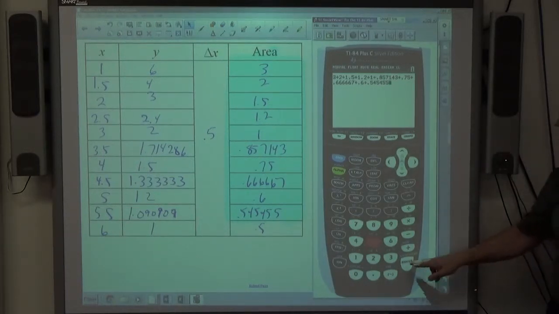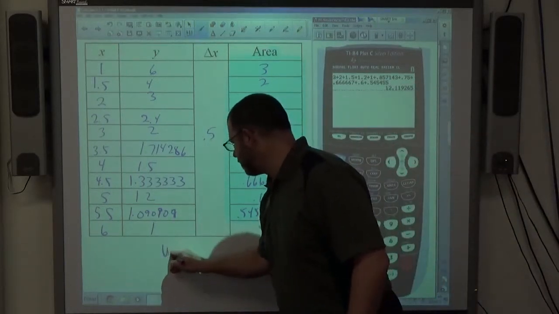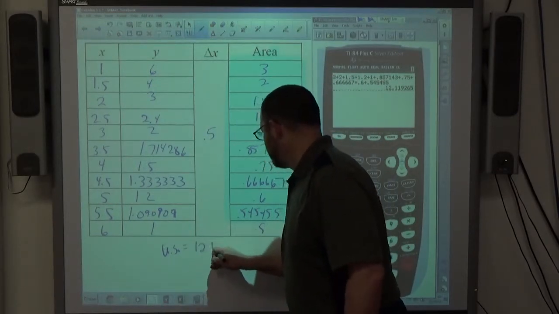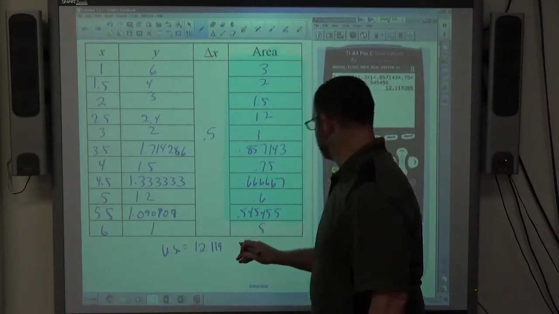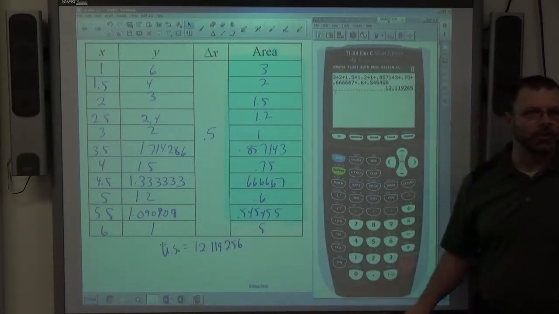If I hit enter, that's my upper sum, 12.119265. So upper sum equals 12.119265.